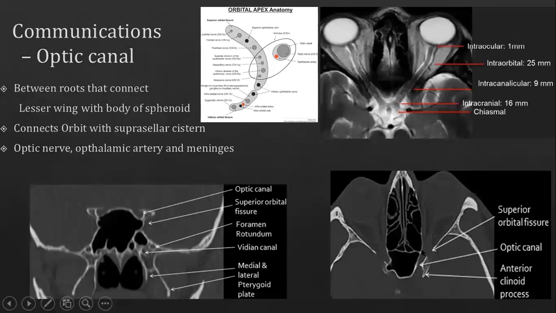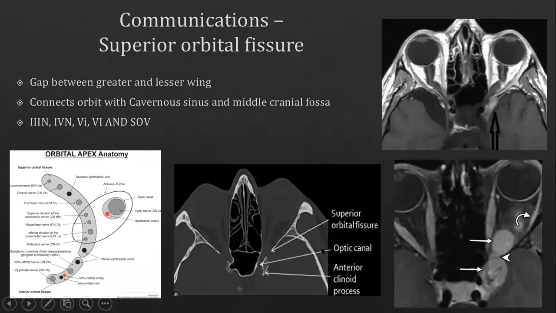So you'll need a bit of imagination to understand that the struts are going to be above and below this optic canal, which will transmit the optic nerve, but also the ophthalmic artery, and that's the location of the optic canal. The superior orbital fissure is slightly at the inferior level.